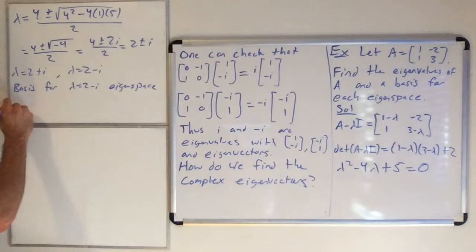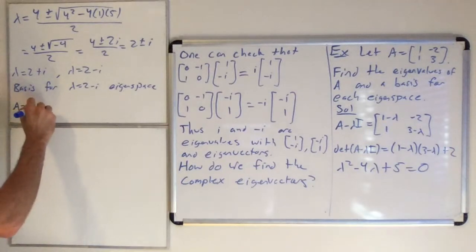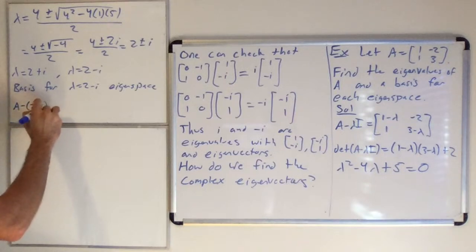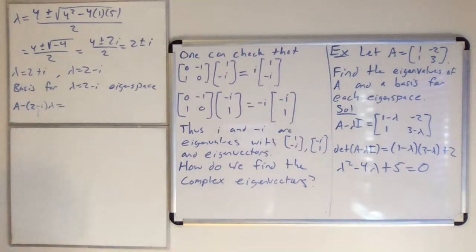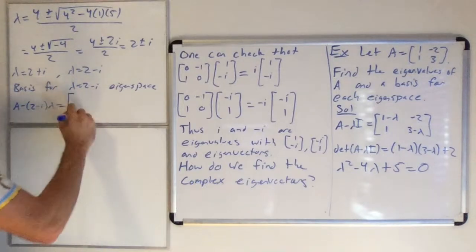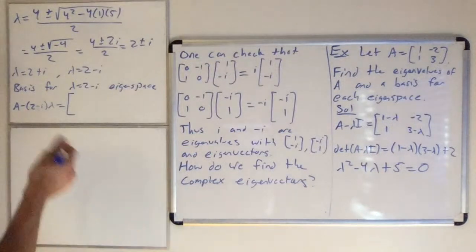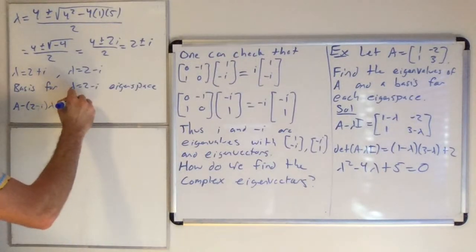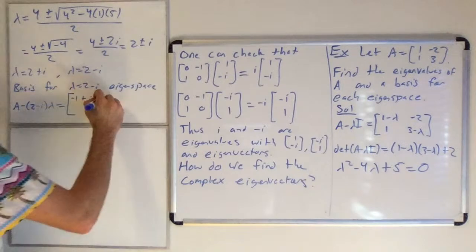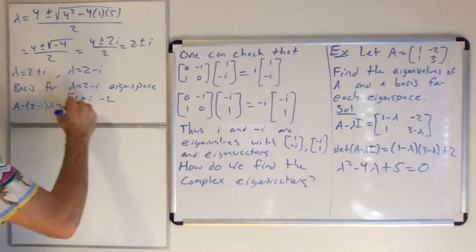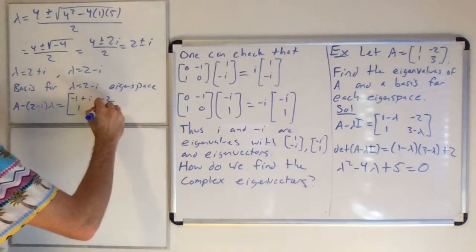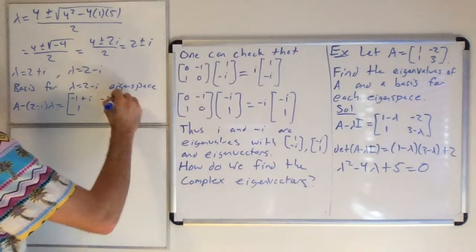Okay, so the matrix A minus 2 minus i times lambda looks like, well, you're just replacing lambdas with 2 minus i. So that's going to be negative 1 plus i, negative 2, 1, and 1 plus i.